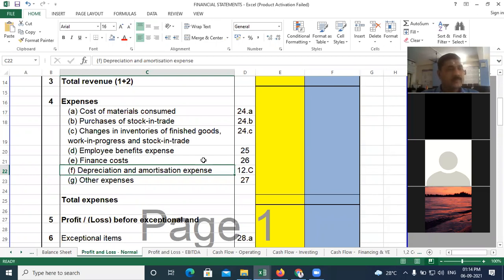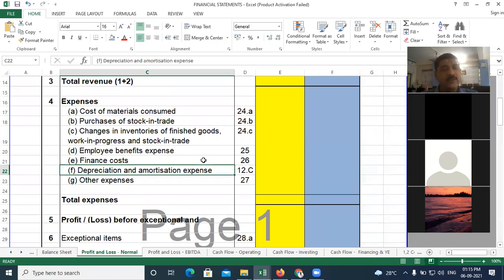Depreciation and amortization expense. Yes. So in business, what is depreciation? I did not explain it to you, but still I will explain. It's my duty. Depreciation is the gradual reduction in the value of fixed assets. Depreciation happens because of wear and tear of the fixed equipment. Sometimes it also happens that you're not utilizing the asset, but because of the passage of time, the value of the asset goes down.